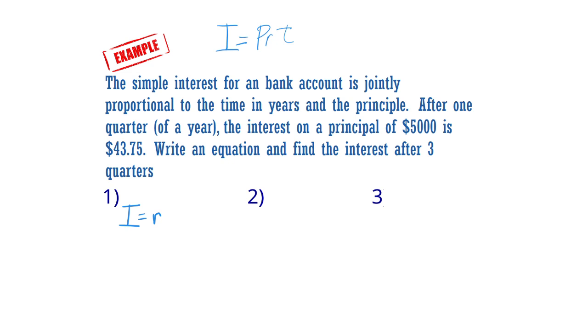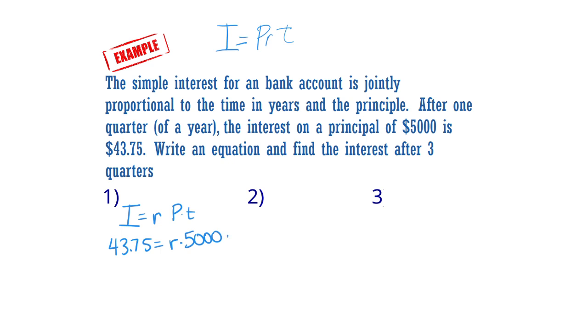That's going to be my constant that I need to go search for. But the principal and the time were given to me. Let's fill those in. And the interest was given me. I earned $43.75 when I put in $5,000 and I put it in after 1/4 of a year.